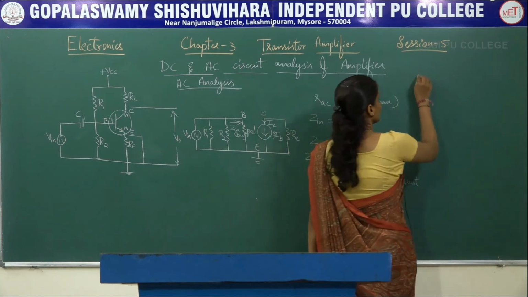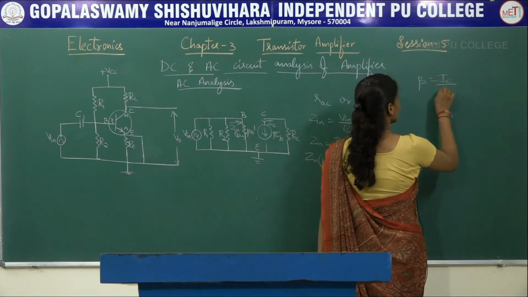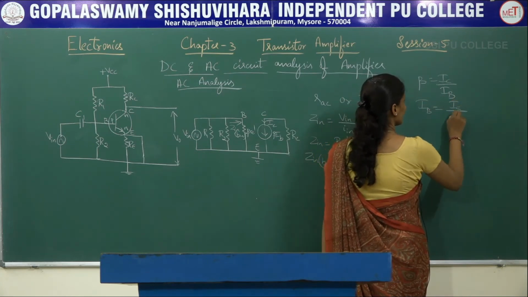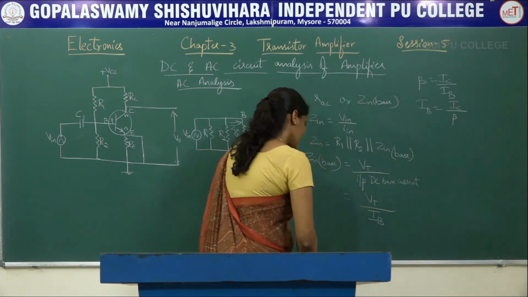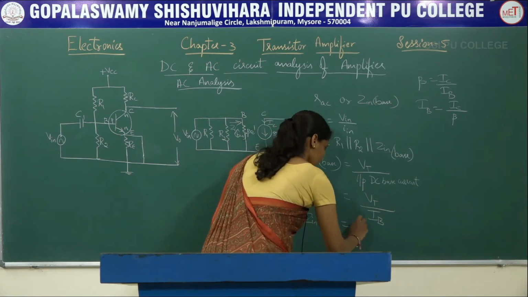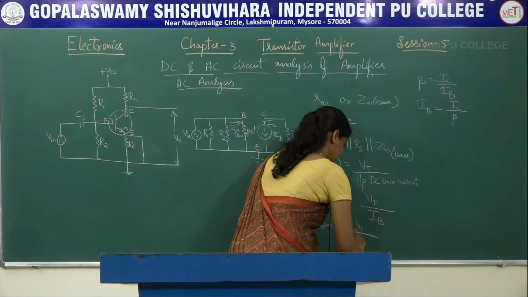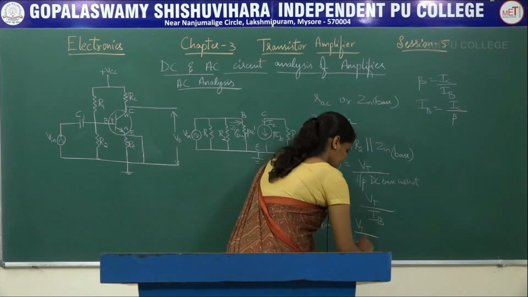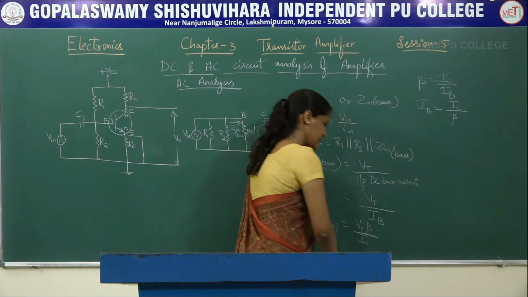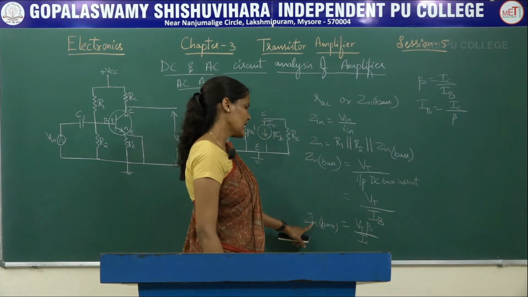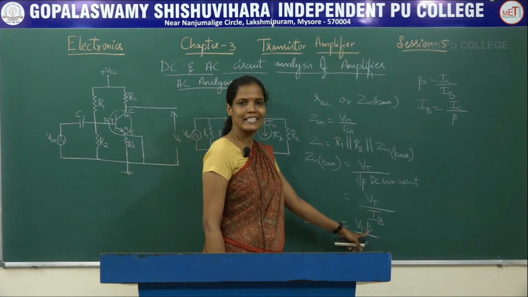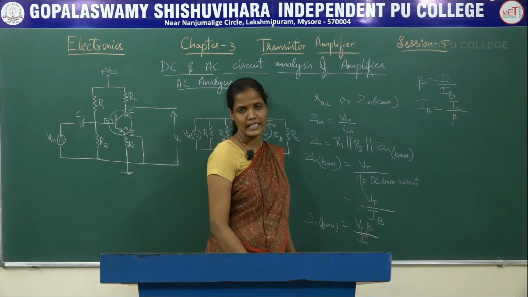But we know that beta is equal to Ic divided by Ib, and Ib will be equal to Ic divided by beta. The same thing we are going to replace here. Zin base is equal to Vt divided by Ic divided by beta. That beta can be written in the numerator. So Zin base will be equal to Vt into beta divided by Ic.